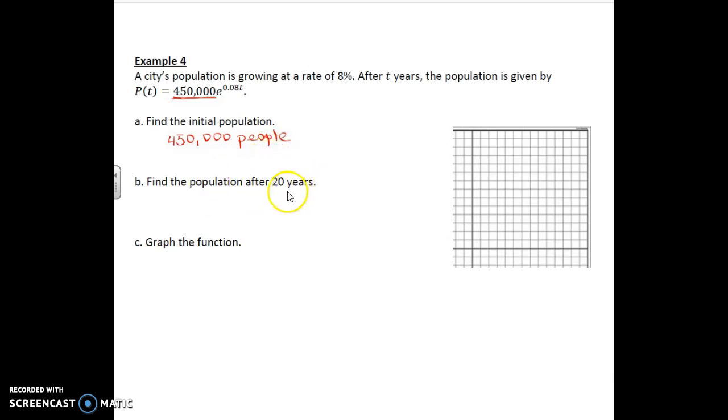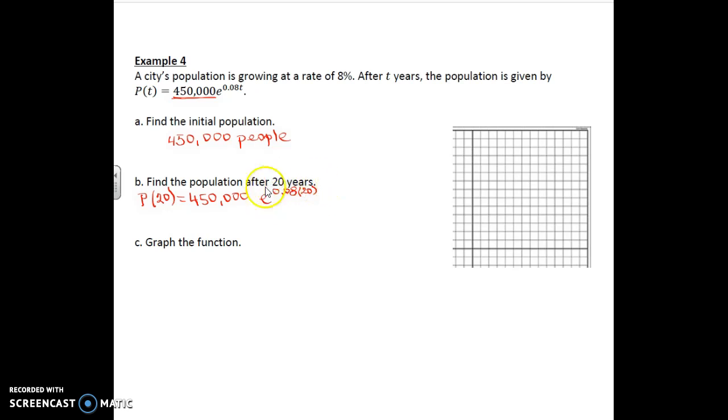To find the population after 20 years, we are going to find the population when t is equal to 20, and that is equal to 450,000 times e to the rate of 0.08 times 20. Note that the whole thing is in the exponent. When you're calculating this in your calculator, just be very careful.